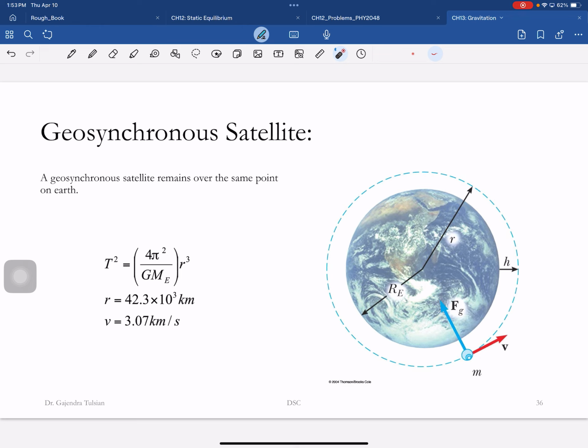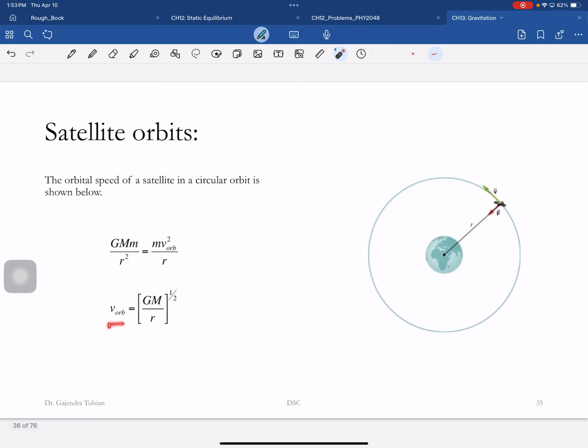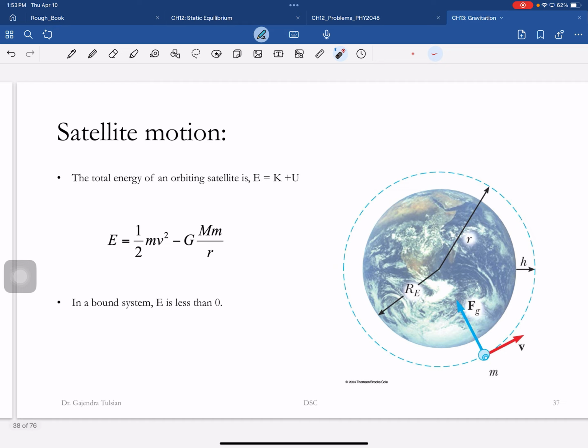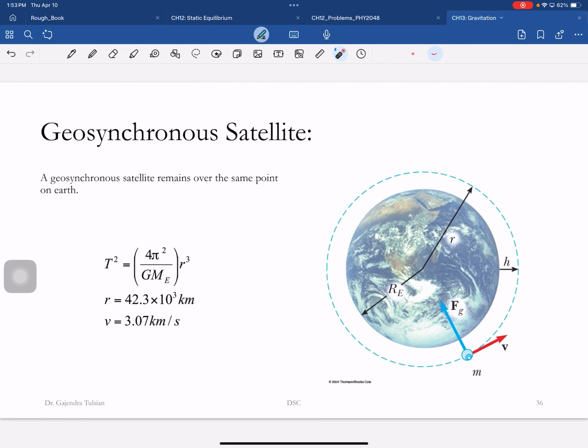This one also takes 24 hours. From this formula, you can calculate the distance at which you have the appropriate speed so that it takes 24 hours. You can put this in and calculate the radius and the velocity.